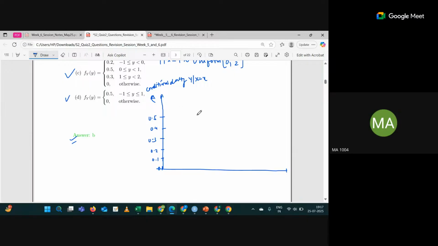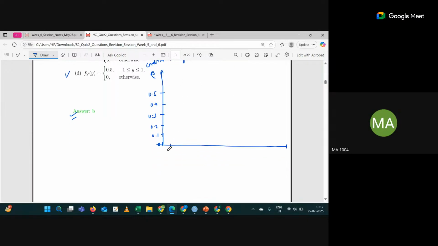On the horizontal axis, suppose this is -1.5, -1.0, -0.5, 0, 0.5, then 1, 1.5, then 2, then 2.5.